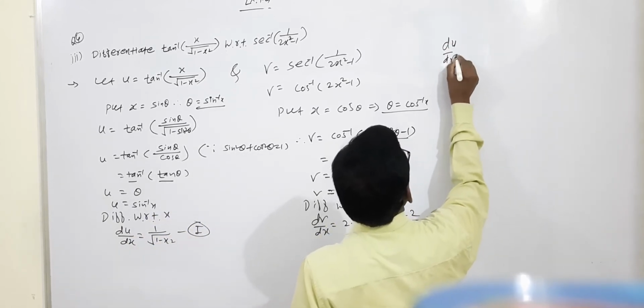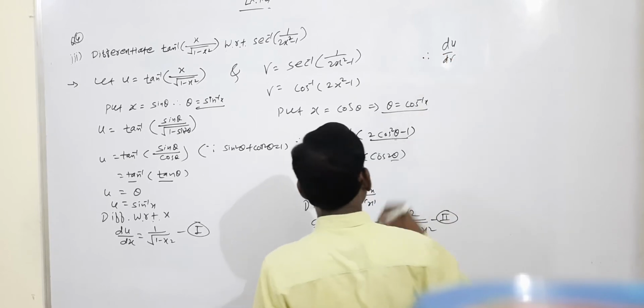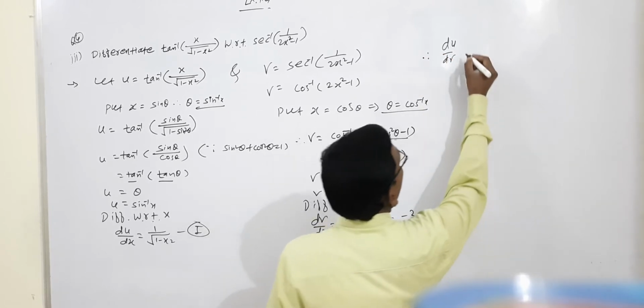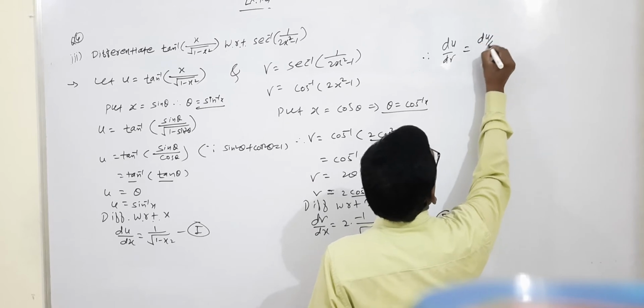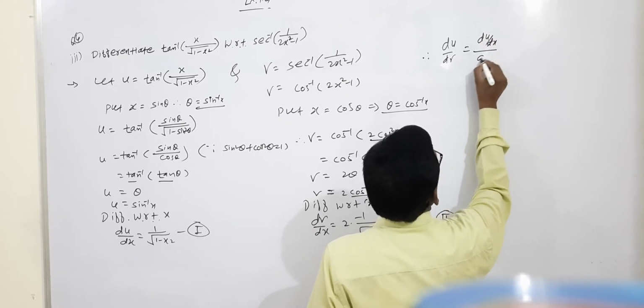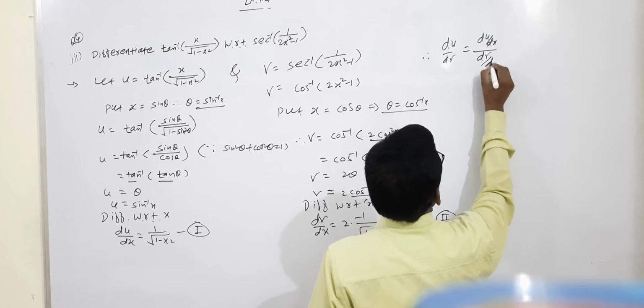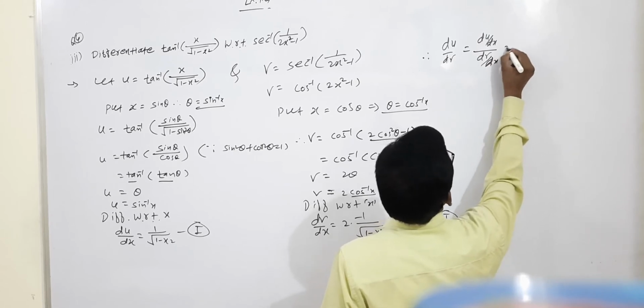Now du by dv, the derivative of u with respect to v, is equal to du by dx divided by dv by dx.